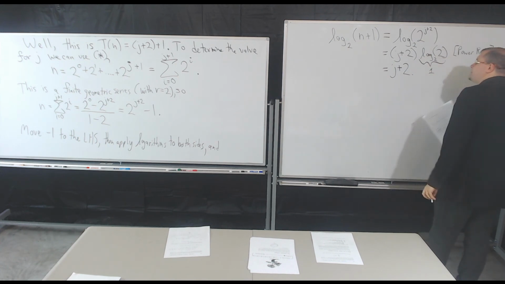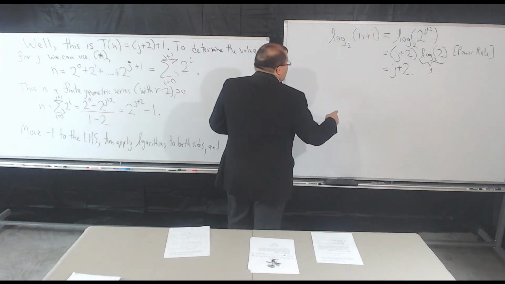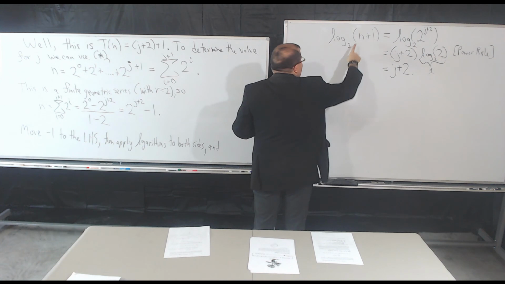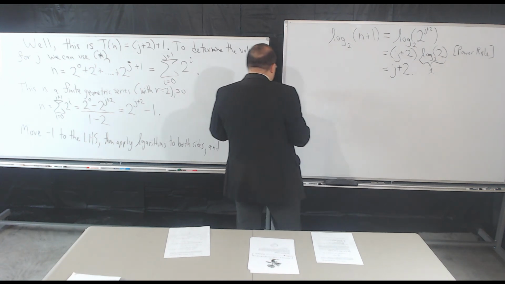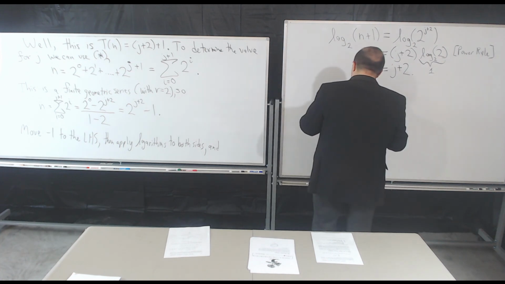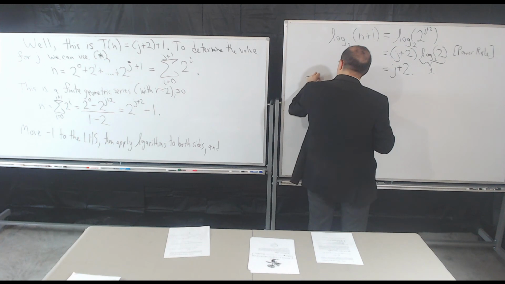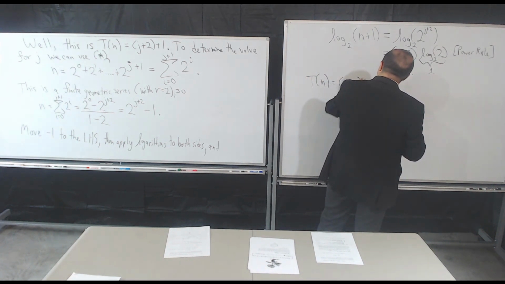So now this is where it gets really lovely. Okay, so now I know that log base 2 of n plus 1 is equal to j plus 2. But what did I establish earlier? I told you that T of n was equal to j plus 2 plus 1, right?